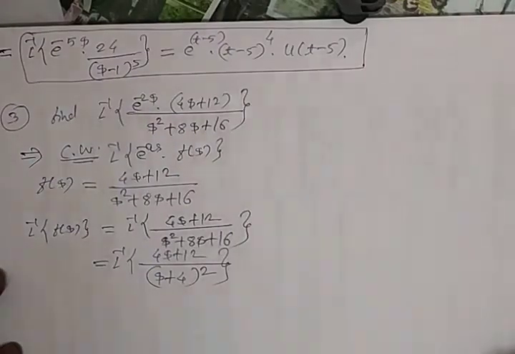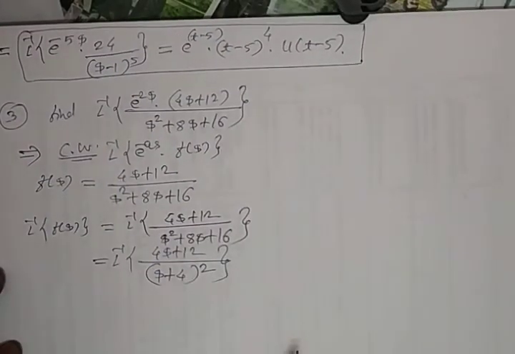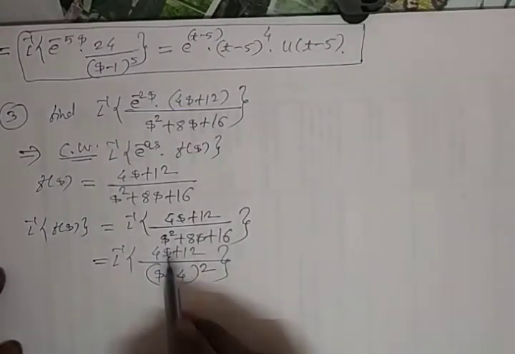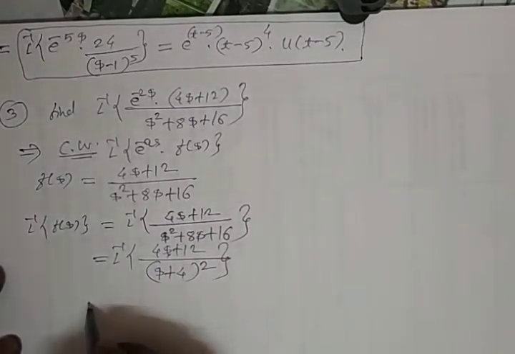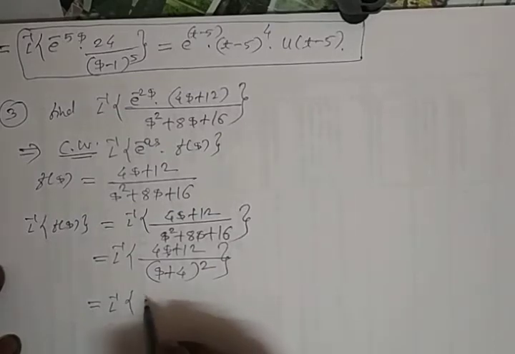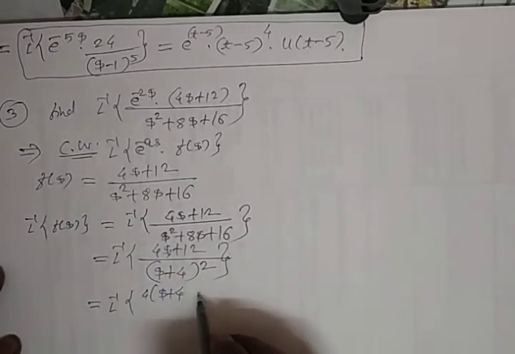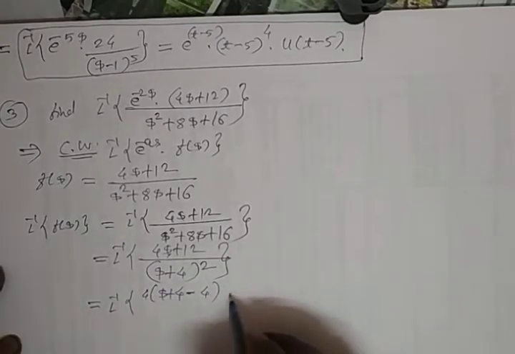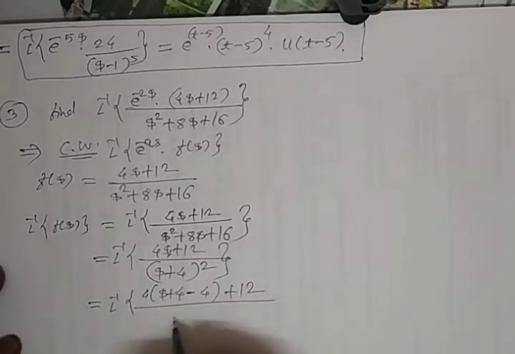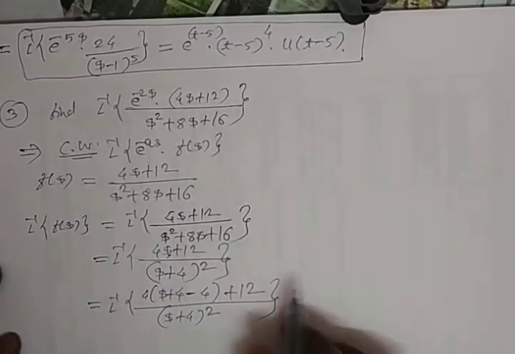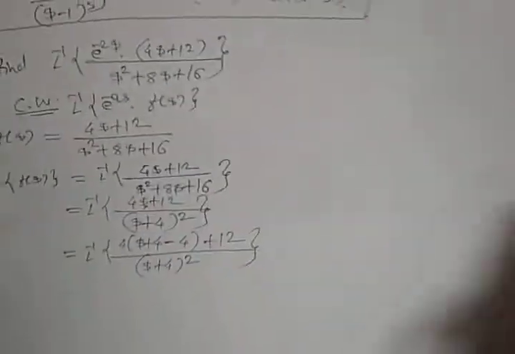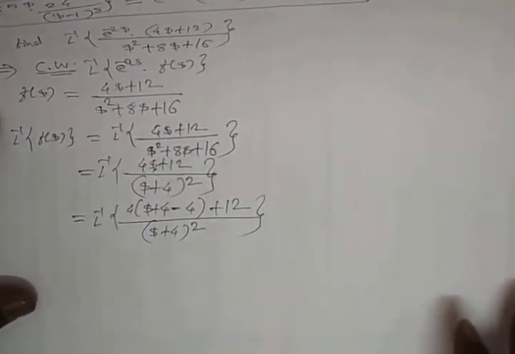But in the numerator there is no s plus 4, so we have to adjust it. How to adjust it? Laplace inverse of 4 in bracket s plus 4 minus 4 plus 12 divided by s plus 4 bracket square. So we have added and subtracted 4 in the numerator.